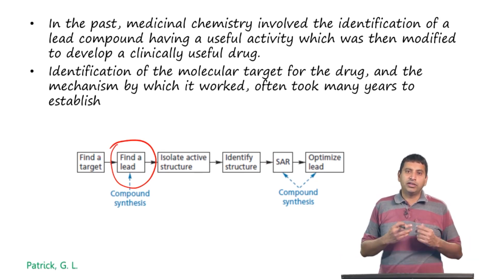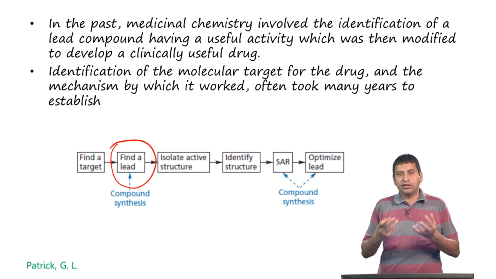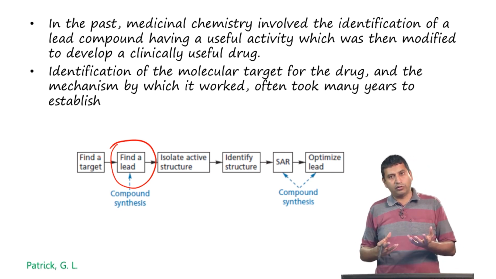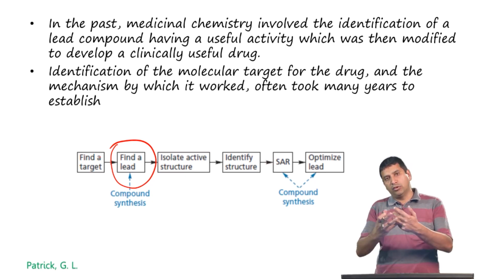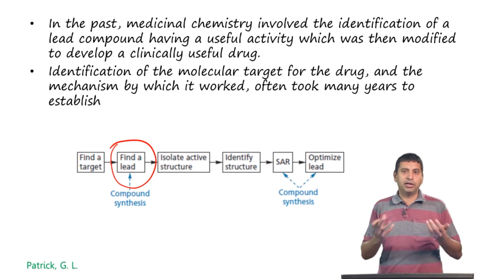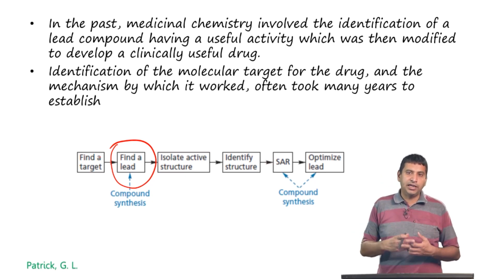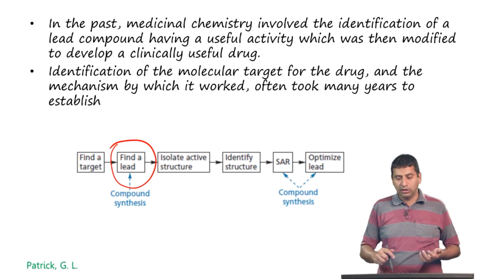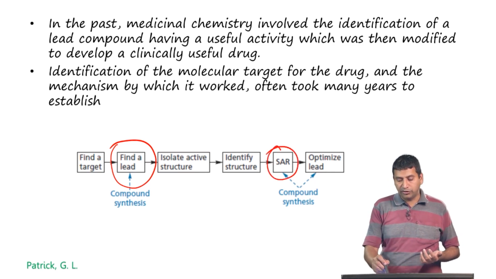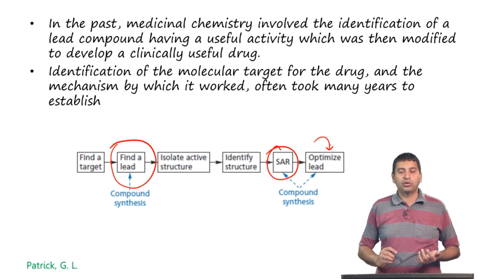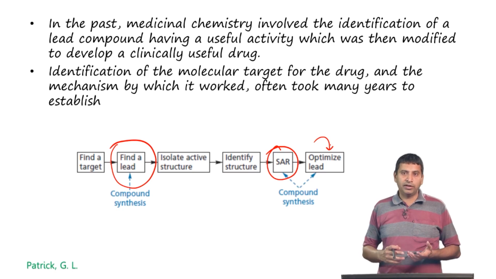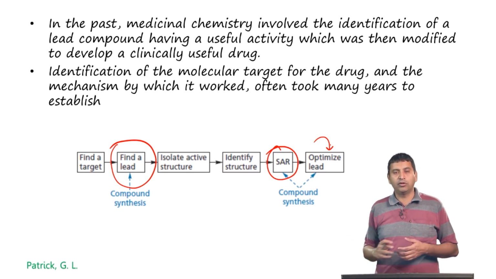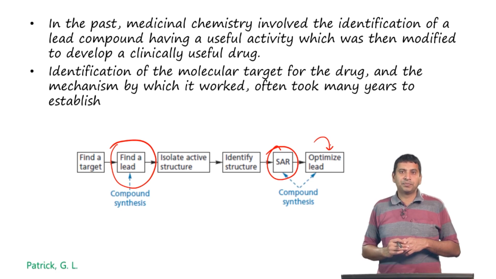Once you find a lead, then you isolate the active structure, that is, you find what the pharmacophore is, and then you work around this pharmacophore and try to optimize for binding, optimize for metabolism and so on, and this would be your structure activity relationship. And then you go to the final optimized lead, which is taken forward for preclinical evaluation.